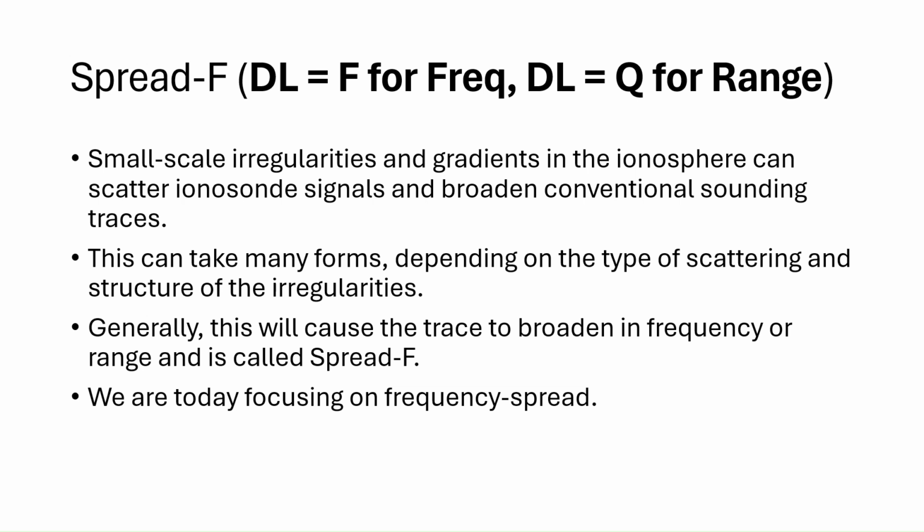So spread F is just undulations or irregularities operating on the F region. Some of these are scattering echoes, or you're just getting more complex reflections from the ionosphere. These will cause the trace to be either broadened in frequency or in height. Height broadening often comes from almost resonant chamber effects, where you propagate into a small bubble or hole, and then bounce back and forth inside the hole until you escape.